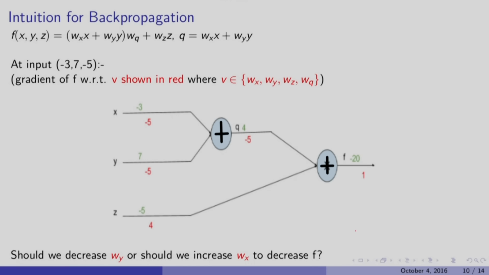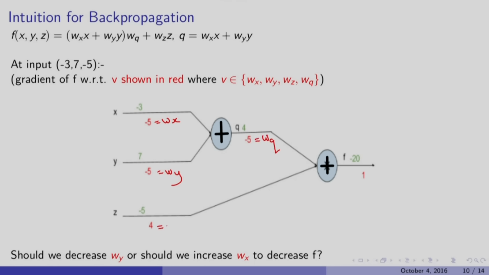So the intuition for backpropagation is that when you have a cascade of perceptrons, as in this case you have x, y and z, x and y get weighted by wx and wy respectively, and then the resultant weighted sum is again multiplied by wq.